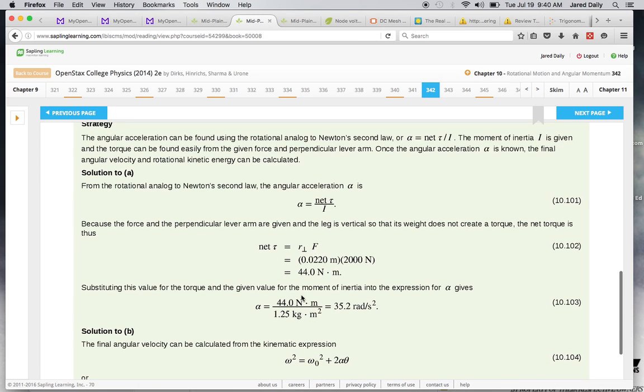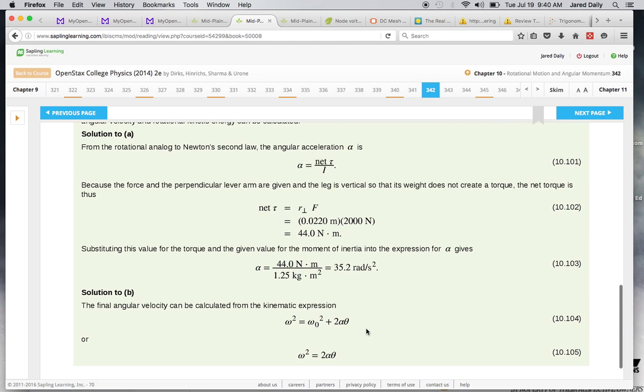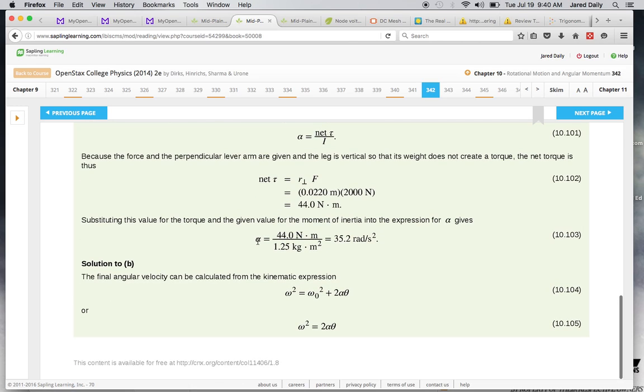That torque is also equal to I times alpha, so we solve for alpha and end up with torque divided by I. They've given us I, so we plug that in and get 35.2 radians per second squared for the angular acceleration.